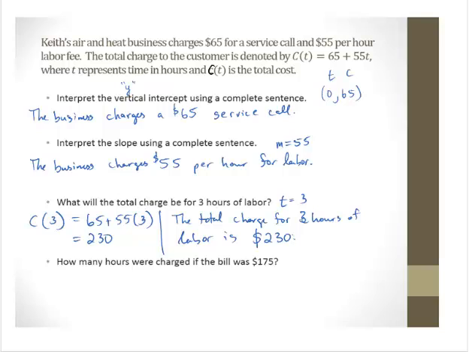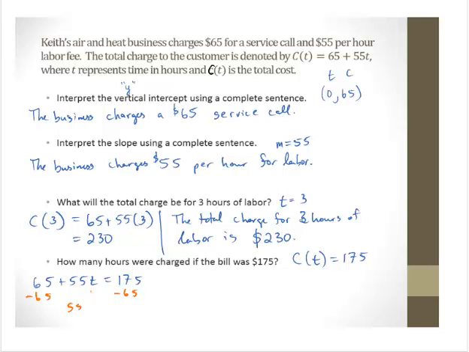How many hours were charged if the bill was $175? So then the cost is $175. So we'll take the cost, which is 65 plus 55t, and set it equal to 175. I'll solve by subtracting 65 from both sides.